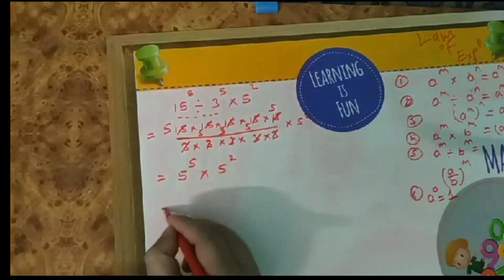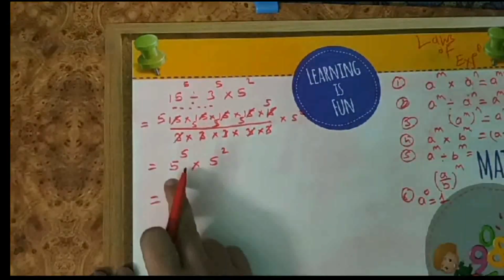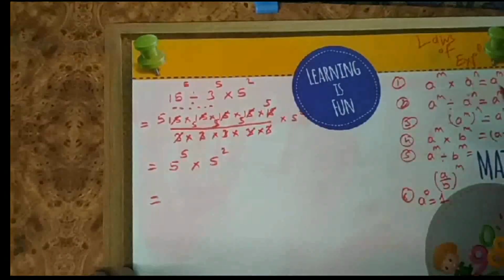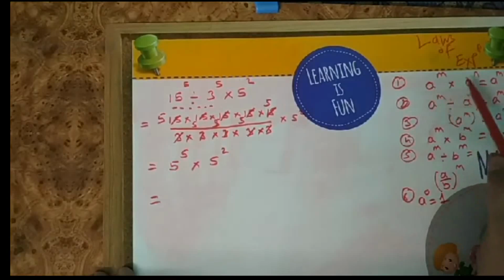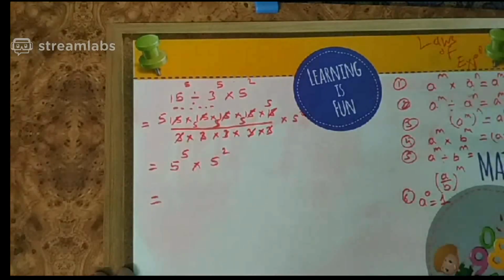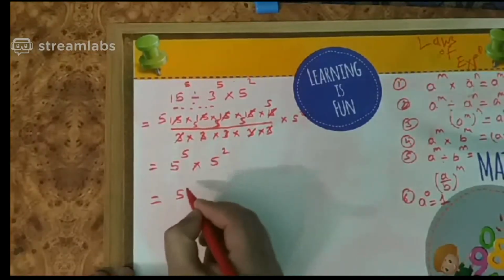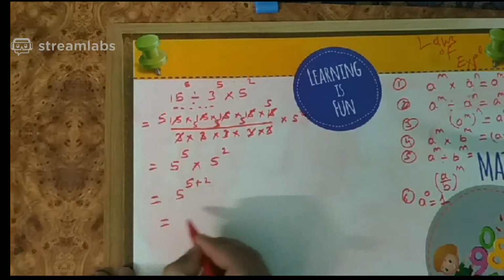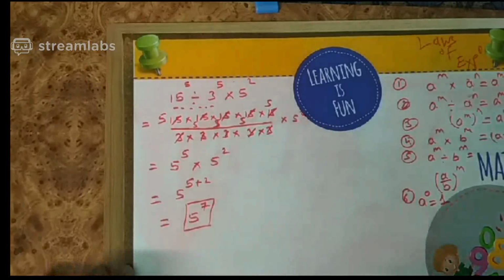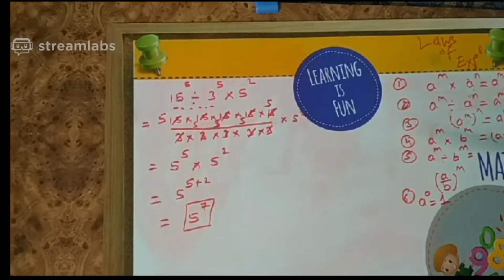Now the base is the same and the power is different, with a multiplication sign, so rule number 1 applies and the powers get added. 5 as a base, 5 plus 2 as the power, so my final answer will be 5 power 7.